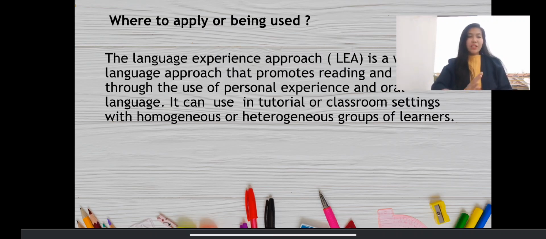These transcriptions are then used as the basis for other reading and writing activities. In addition, the language experience approach originated in the USA and is now used in many countries.